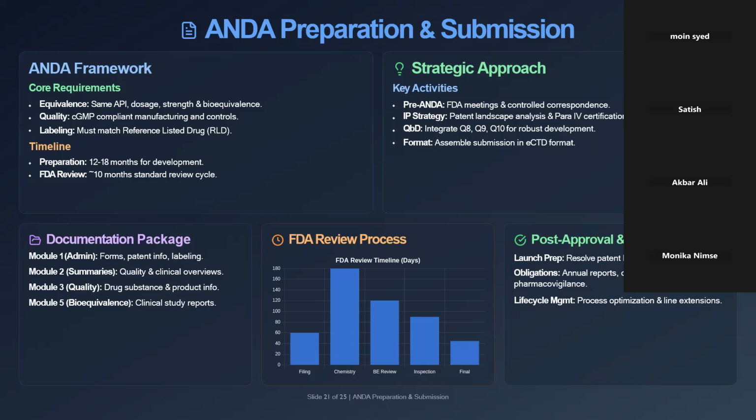A pre-ANDA meeting is mostly required sometimes for the injection product, where you have to give your proposed formulation to the FDA. You have to communicate that this is going to be my qualitative and quantitative formulation. So you get your approval. That's why a pre-ANDA is required.